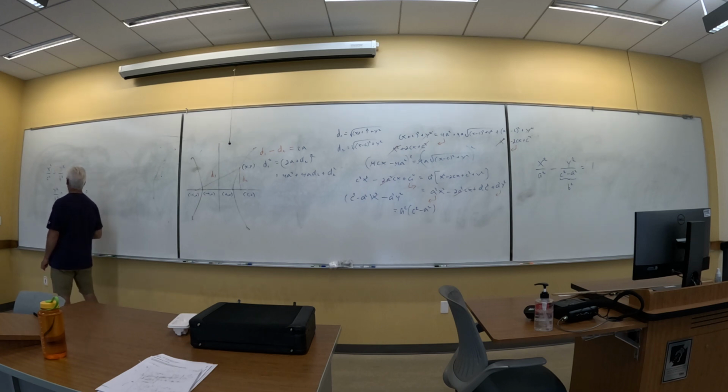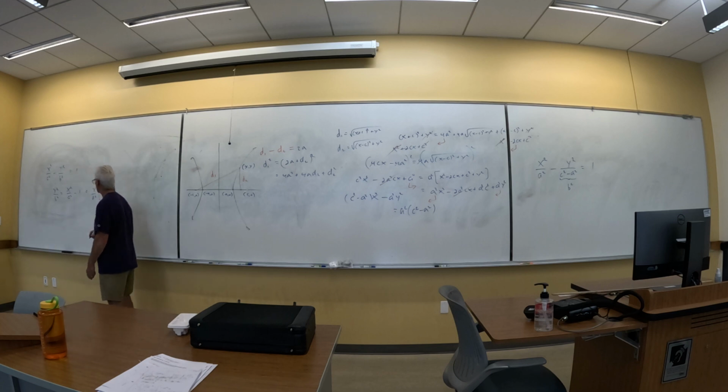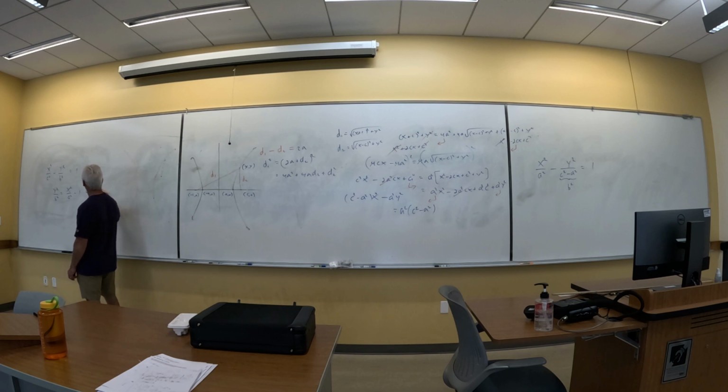I would also like to factor out the x squared over a squared part. Which seems kind of strange, but what would that leave me with? a squared over x squared. That would just be a squared over x squared? Okay. Now let's multiply both sides by b squared.